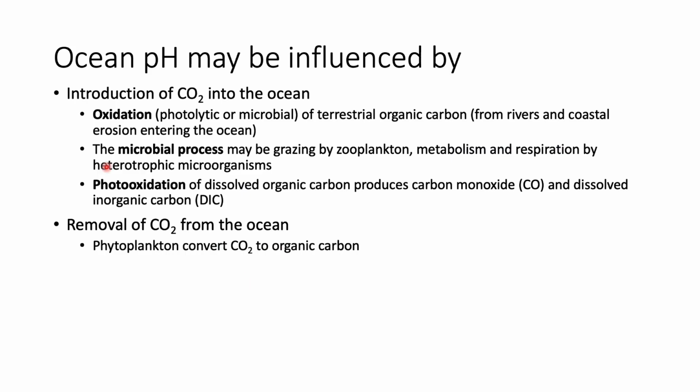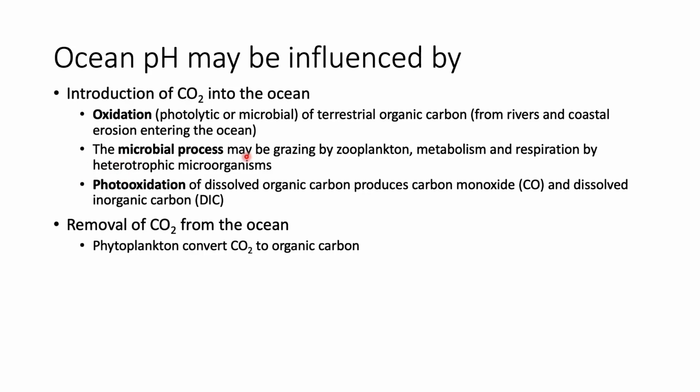When we look at the introduction of CO2 into the ocean, what happens actually? There is an oxidation, that is either photolytic or microbial oxidation of terrestrial organic carbon may happen. So this is happening from the reverse. The CO2 is coming from either rivers or coastal erosion entering the ocean. That is one way. Another one is the microbial process.